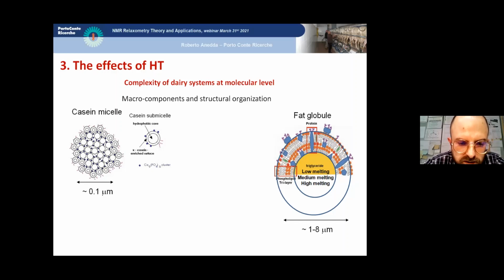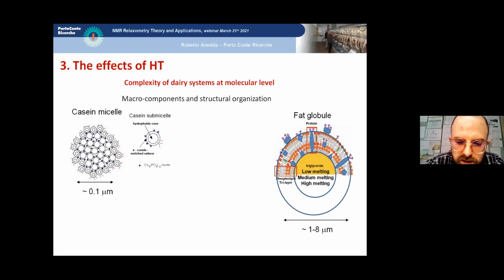Casein micelles are spherical aggregates of casein submicelles, which are shown here, with a diameter in the range from 50 to 500 nanometers, on average 100, 150, 120 nanometers. They are mainly constituted by proteins. If I remember well, about 90 or 95% of the composition of micelles is protein.